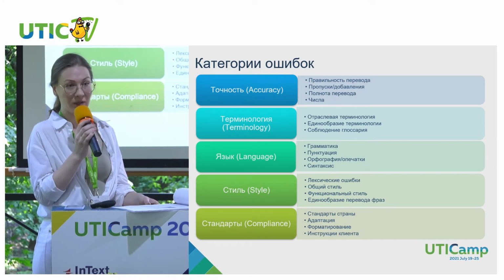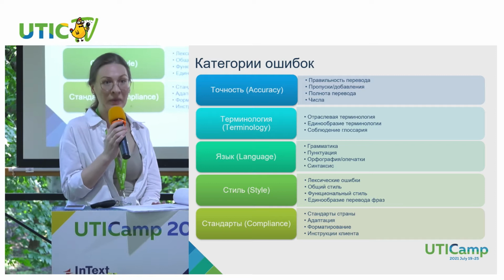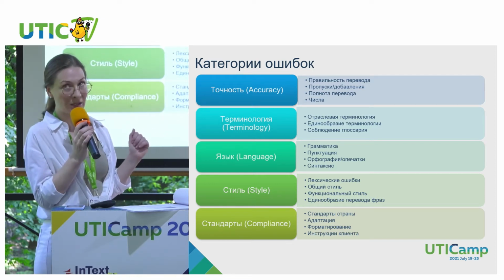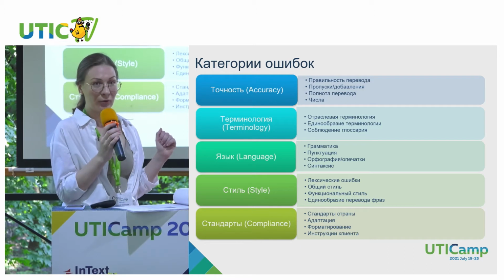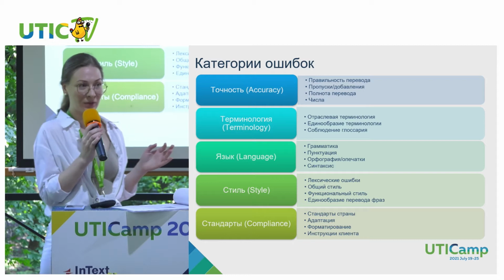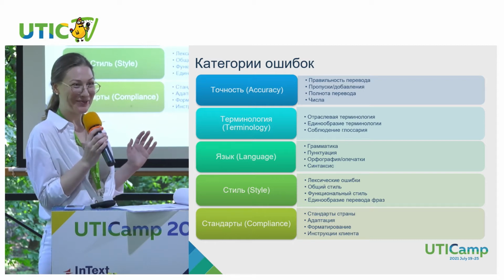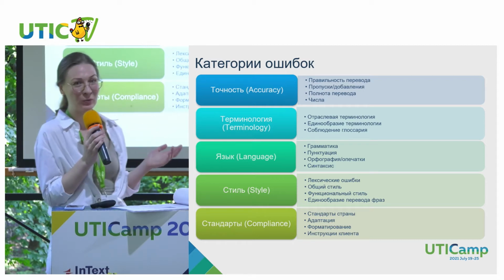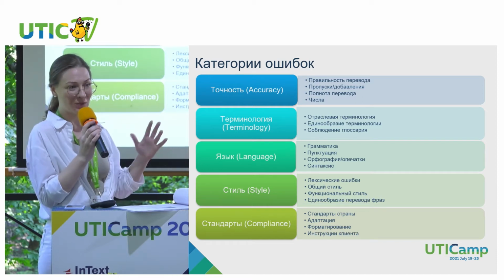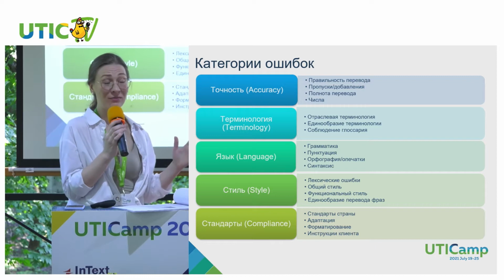And then numbers. The second category is terminology. Industrial terminology, compliance with the glossary, and consistency of terminology. I'll elaborate about industrial terminology for a second. This is quite a tricky category. In business, we have mission and vision.